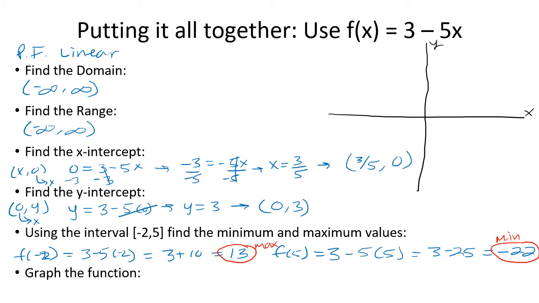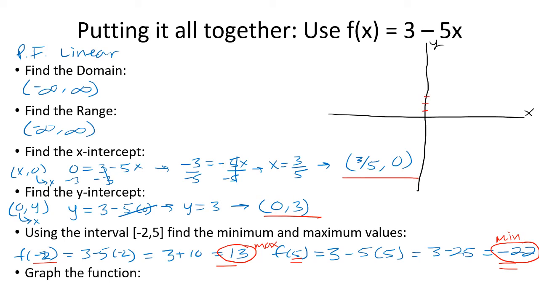So after going through this, I have found my x-intercept, my y-intercept, and I have found (negative 2, 13) as a point, and (5, negative 22) as a point. Can't really put them on here, but if I count by a certain number, I can. But I'm going to use my intercepts. So I know my y-intercept is 1, 2, 3.